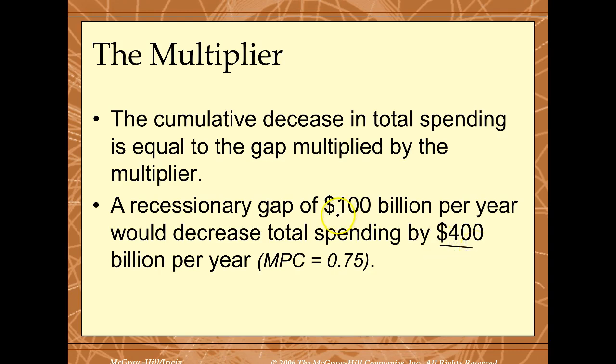In other words, this is the initial drop in spending. Again, consumers feel pessimistic. Spending drops by $100 billion. But that effect works its way through the economy, and when the effect is completely done, it leads to an overall drop in spending of $400 billion per year.